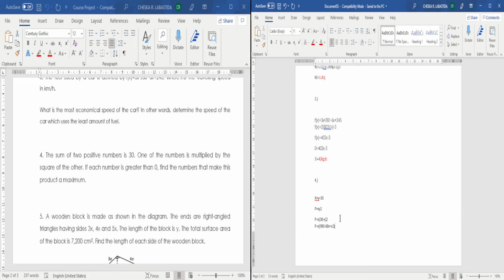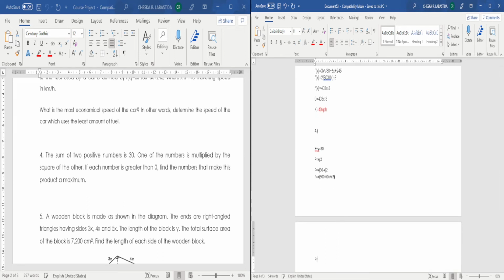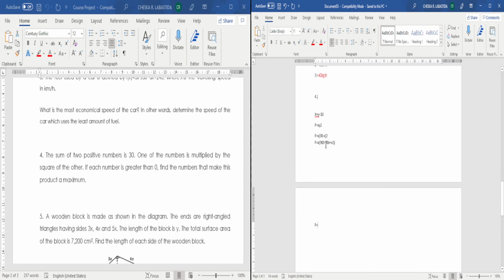So now p is equal to 900x minus 60x squared plus x to the third power.